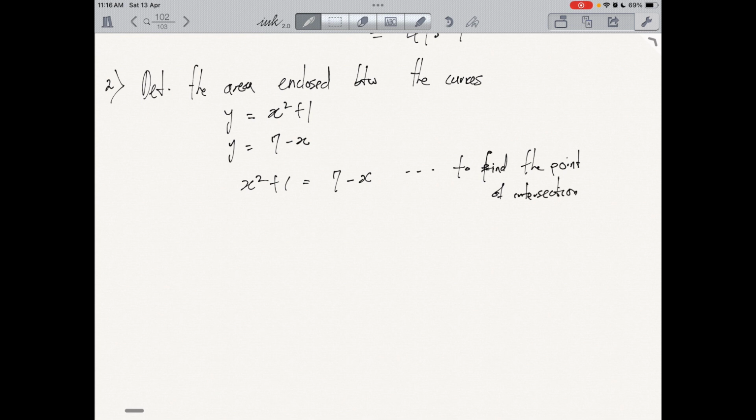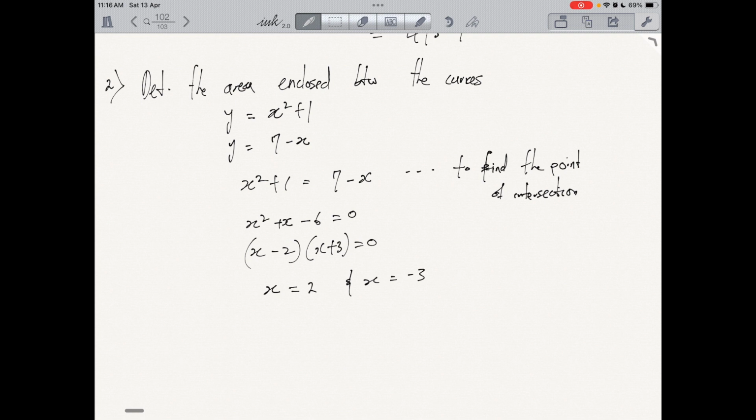So let's simplify this. We have x squared plus x minus 6 equals 0. And this will give us x minus 2 and x plus 3 equals 0, for which x is equal to 2 and x is equal to minus 3.